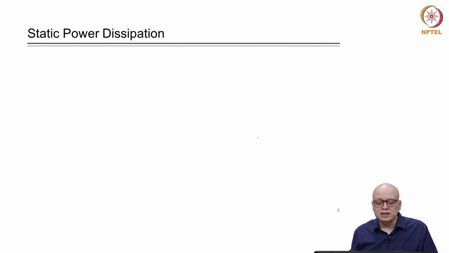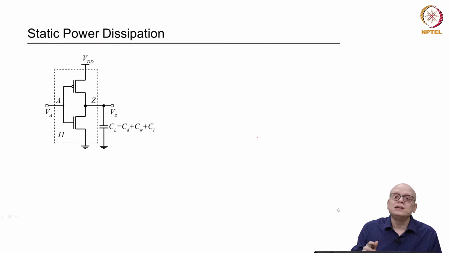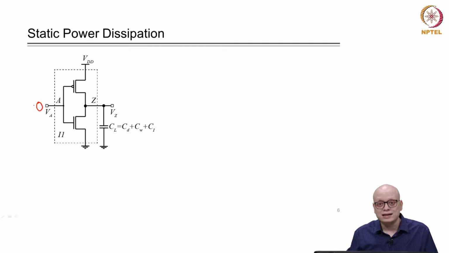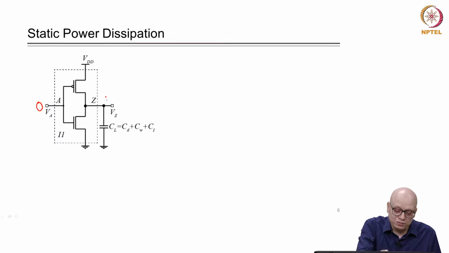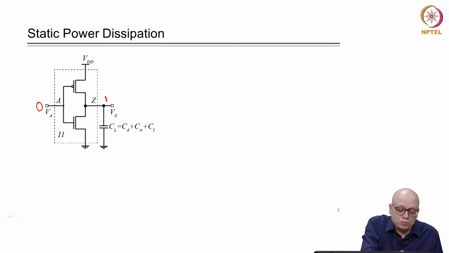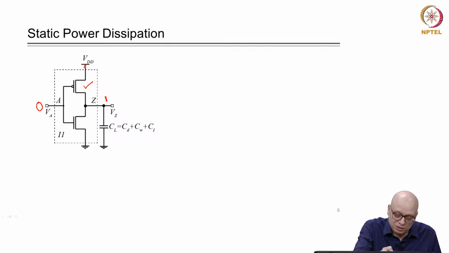Now, let us look into the static power dissipation. Static power dissipation occurs when the signal is held constant. For example, suppose this input was held at constant 0, then for an inverter the output will be 1. Whenever this input is 0, the PMOS will get turned on, and there will be a low resistance path from this point to this point, and the load capacitance CL will get charged.